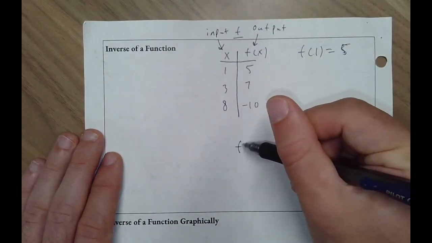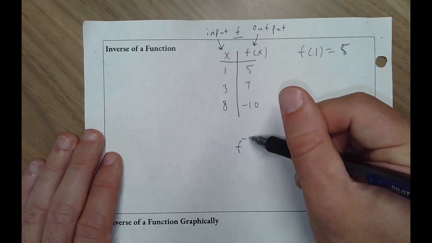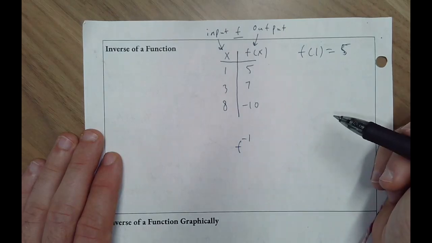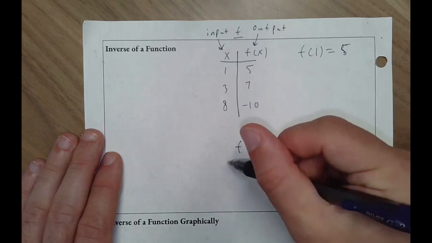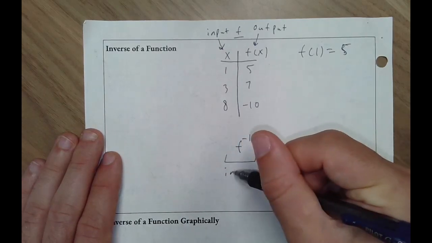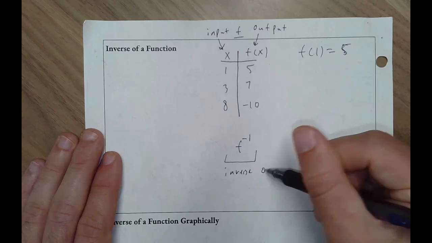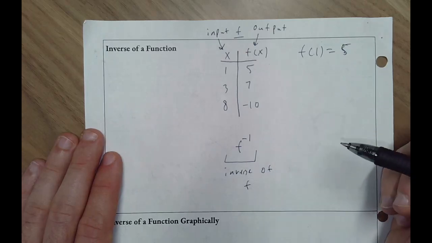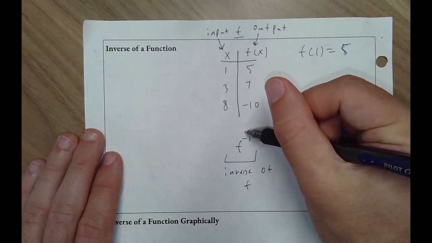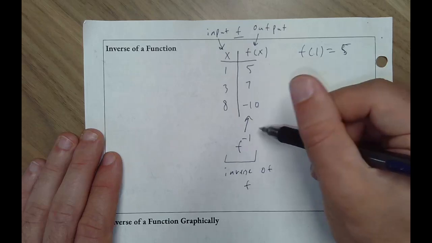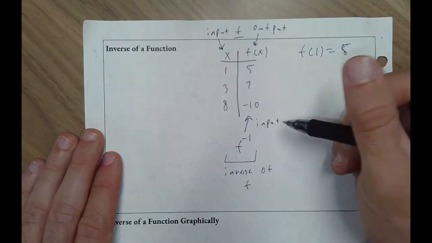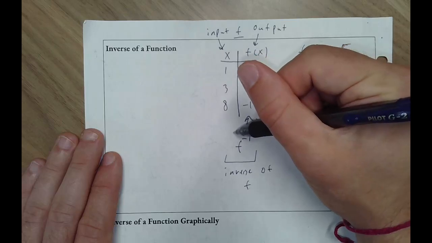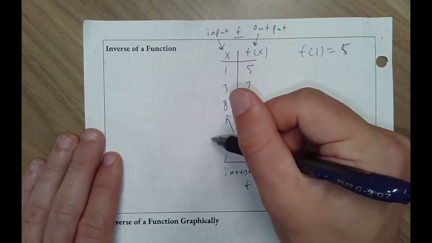Well, when we take the inverse, what we do is we switch those. So the notation looks like f to the power of -1. But this does not mean 1 over f. This means inverse of f. That makes what was formerly the output now the input, and what was formerly the input now the output.